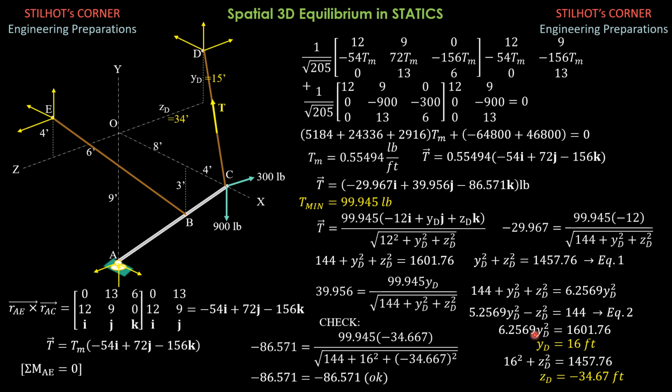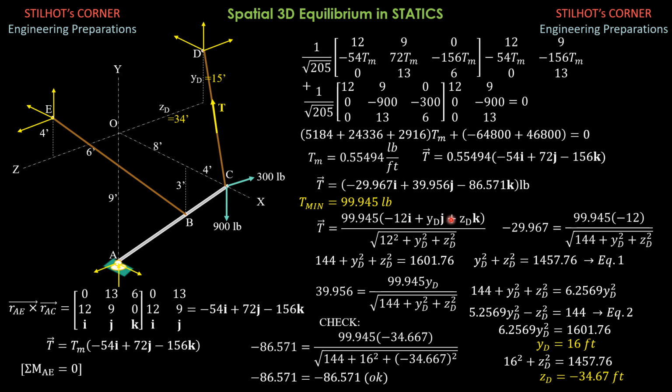Since we expect YD to be positive, the answer is positive 16 feet. We then substitute the value of YD into equation 1 to solve for ZD. 16 squared plus ZD squared equals 1457.76. Then ZD is the square root of the quantity 1457.76 minus 16 squared, but we drop the plus because we expect ZD to be negative, and that is negative 34.67 feet.